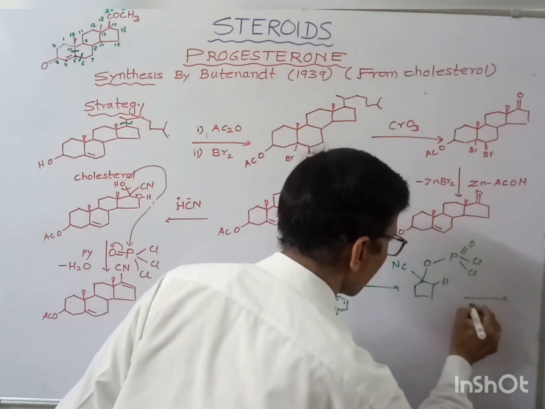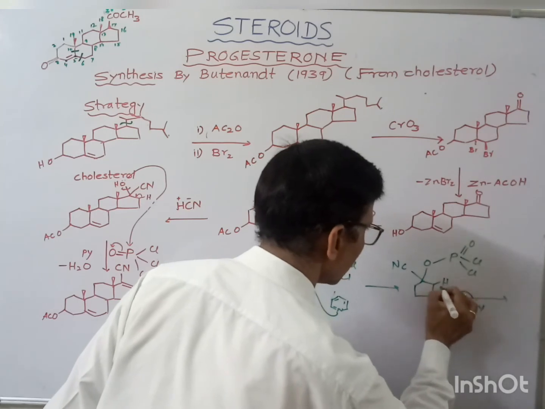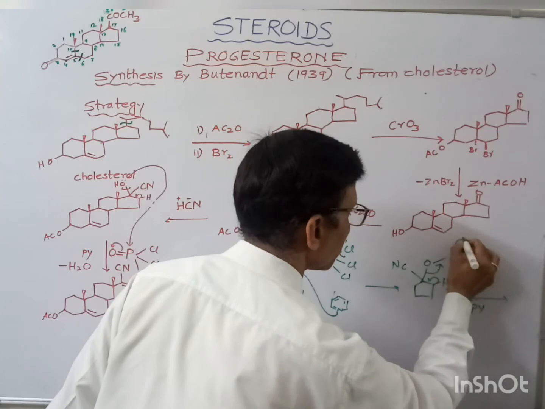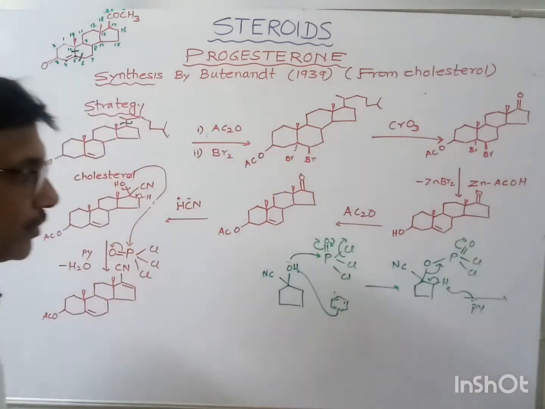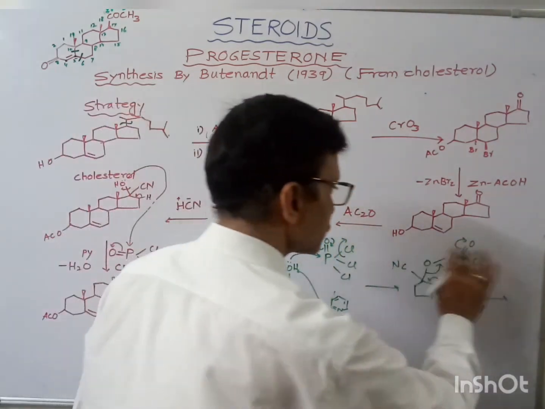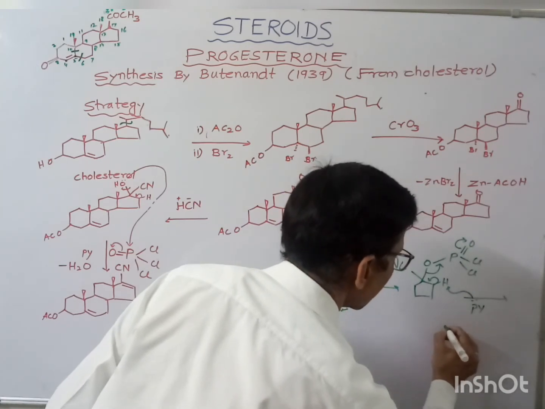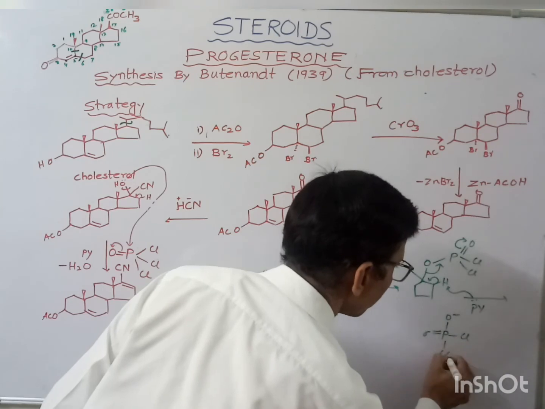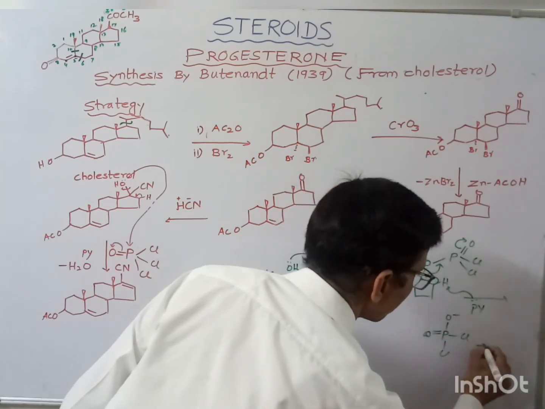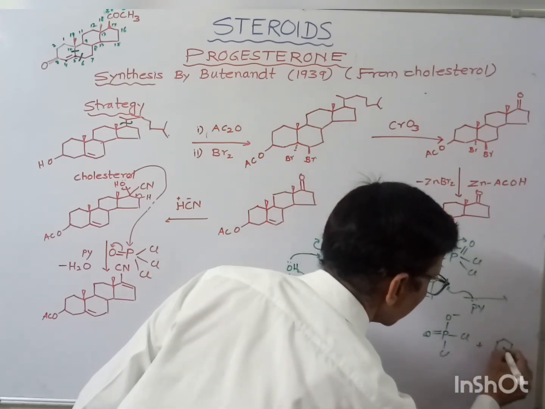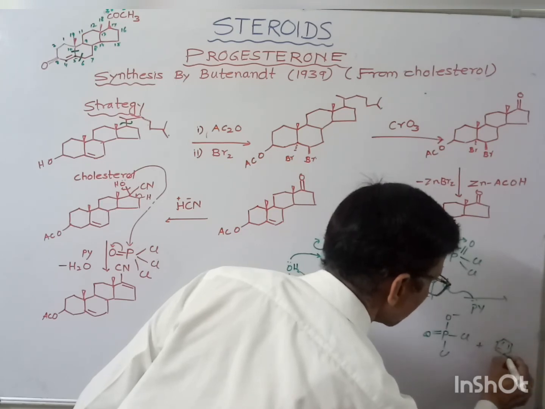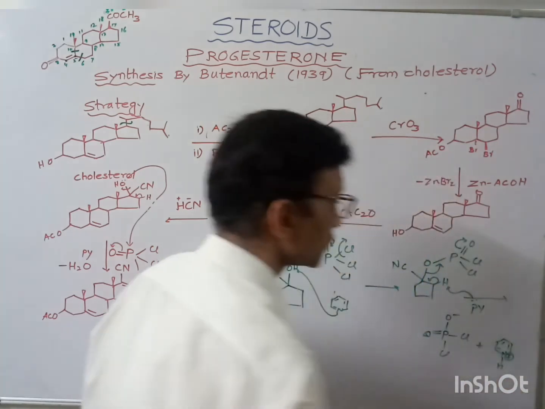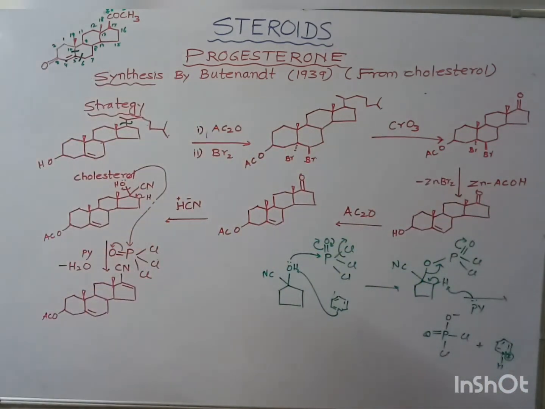Now pyridine will again take this one, and in this way you may see the double bond form, plus we have a pyridinium ion. So this is the mechanism for this one.